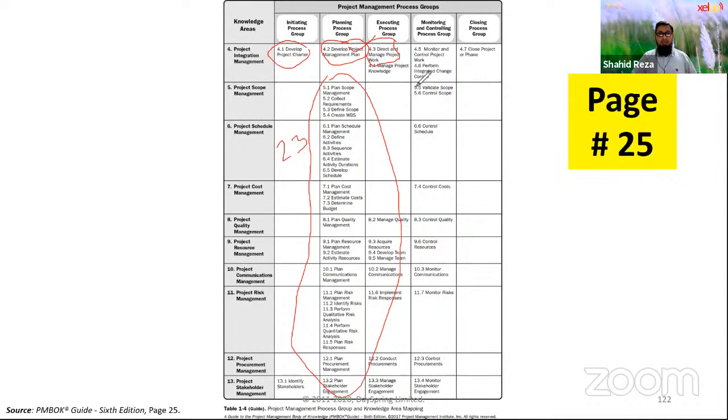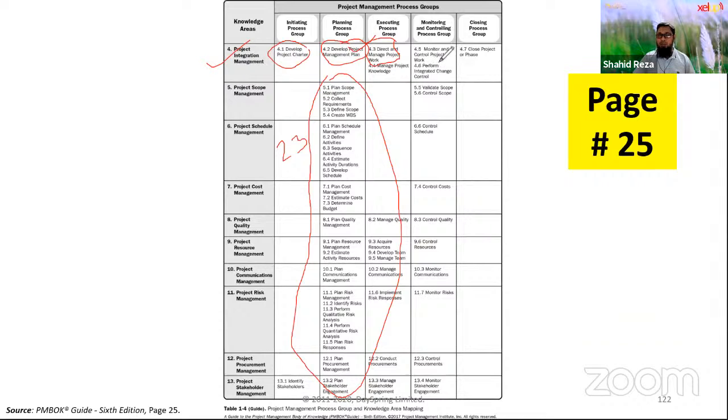So if we look closely, all the processes of integration management are covering the scope of all the processes. Each and every process of integration management is about the whole project, not only the knowledge area. Manage project knowledge means the whole project's knowledge management.